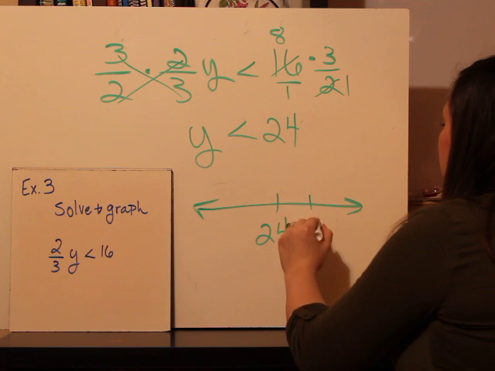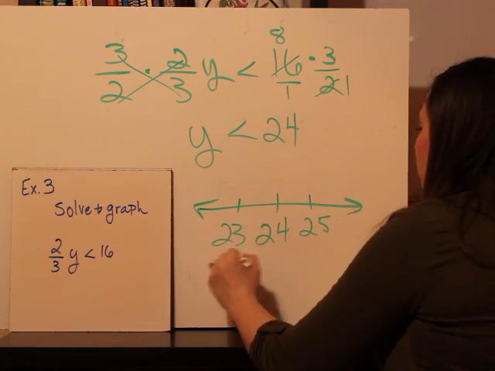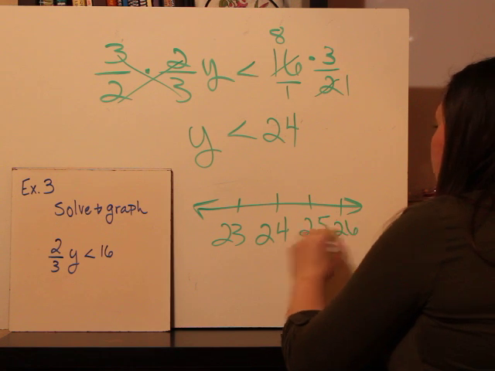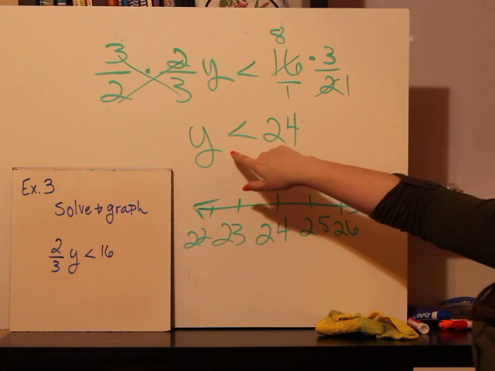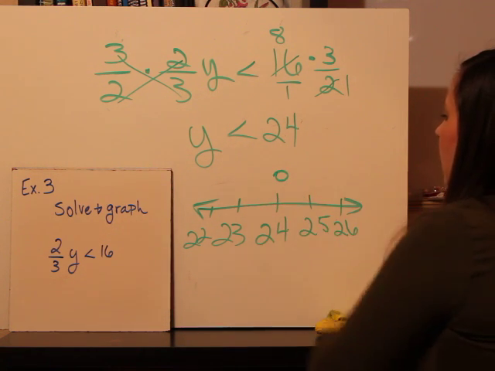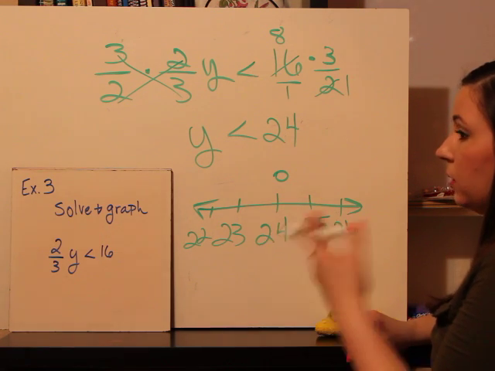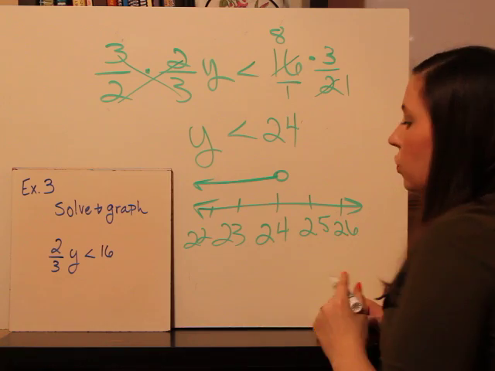24 there, 25, 23 on this side. Give them a couple more friends. Okay, since it's only a less than, we're going to have an open circle. And less than, you shade to the left. And try it out.